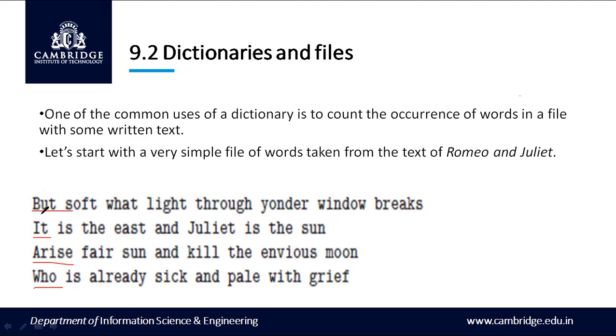So if there is any word "but", suppose if I add the word but here, you can see this is different from this, correct? The dictionary will separate these two words because this is lowercase b and this is uppercase B. So we don't want that, but the meaning of both the words is the same. So we don't want that.